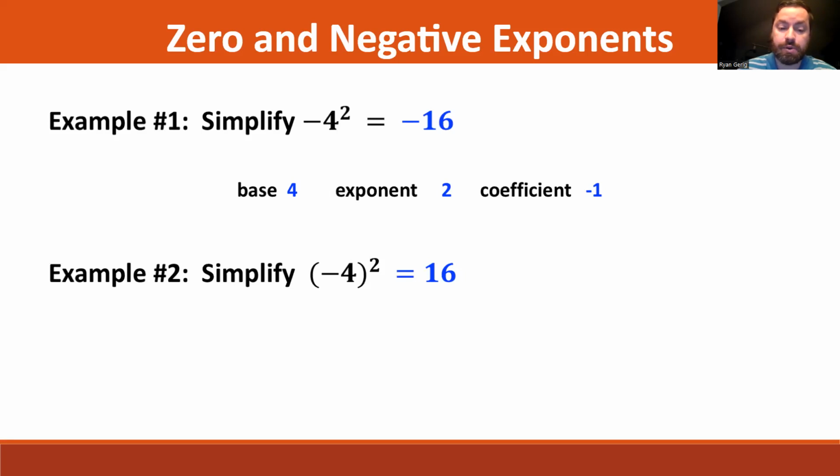Whereas in example 2, the base is the -4 because it's held together by the parentheses. The exponent is 2, and the coefficient is none, or you could say there's a 1 in front of it. But for right now, we're going to say none. So make sure you see the difference between the base of 4 and the base of -4. It affects the answer at times.